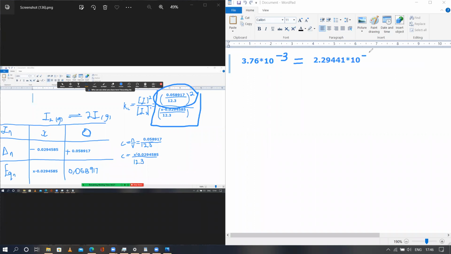So that's the concentration of our iodine atoms. Sorry. So below this we have x minus 0.0294585, which is also divided by 12.3.